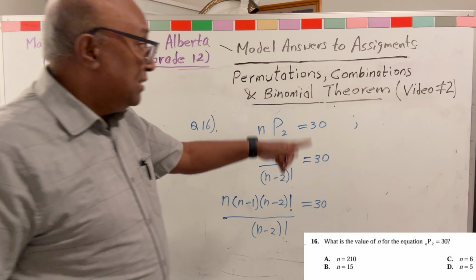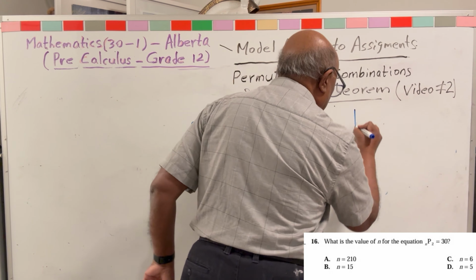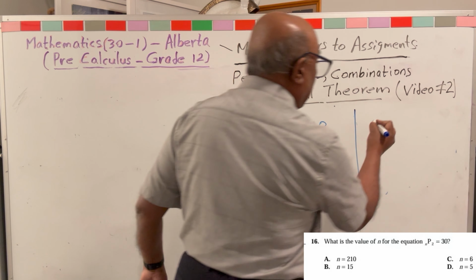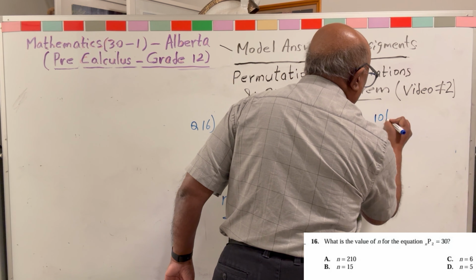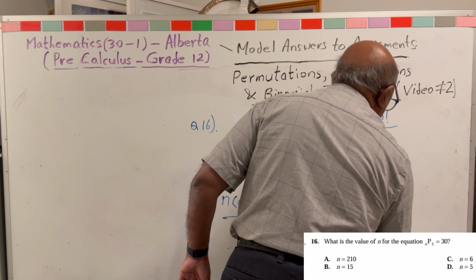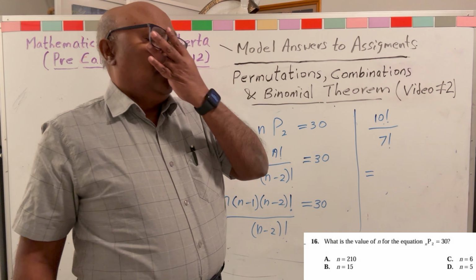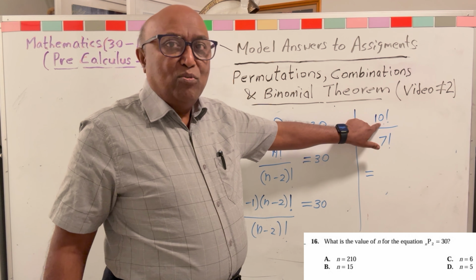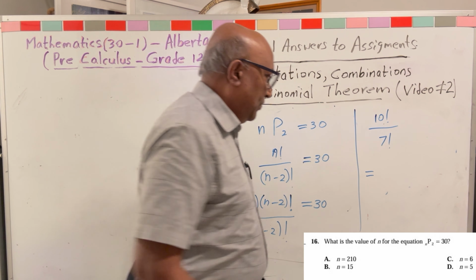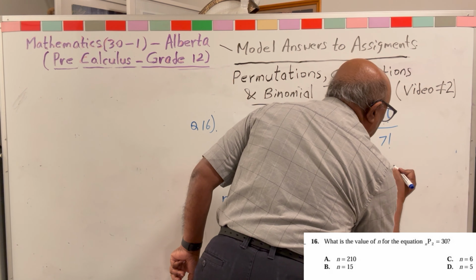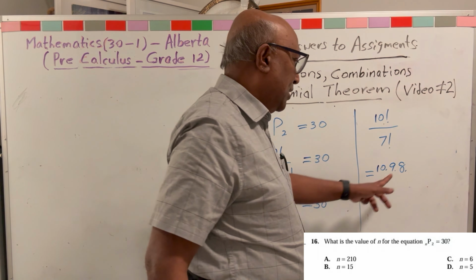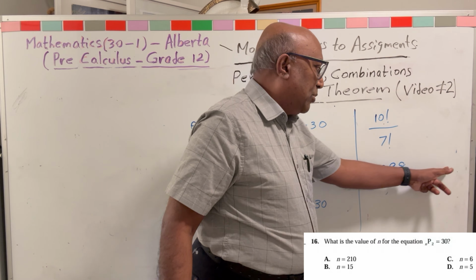Okay, I will elaborate this further. For example, let's try to understand like this. Say factorial 10 upon factorial 7. How do you do this? First, try to write the value of factorial 10. 10, subtract 1, 9, 8. After that, we have to write 7, 6 up to 1.